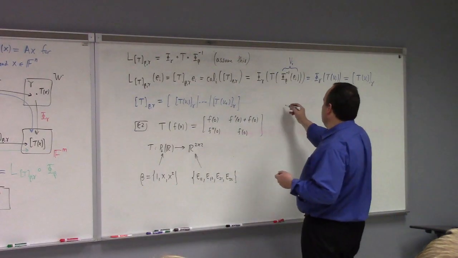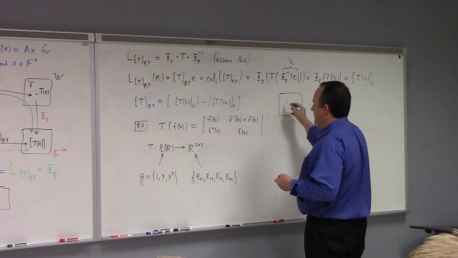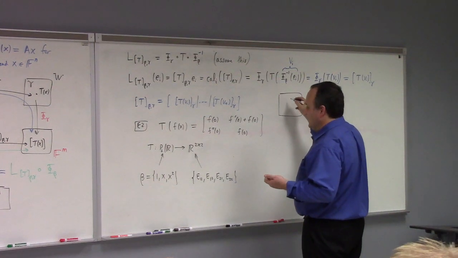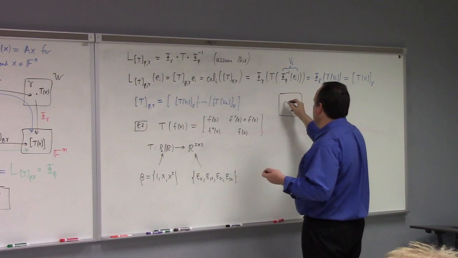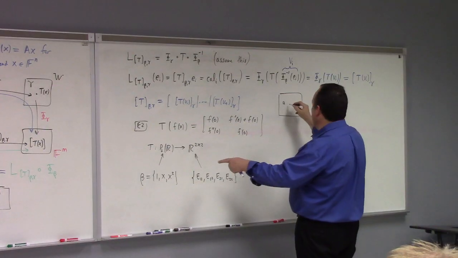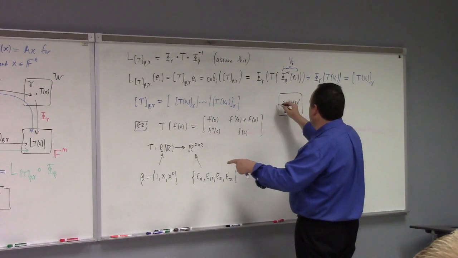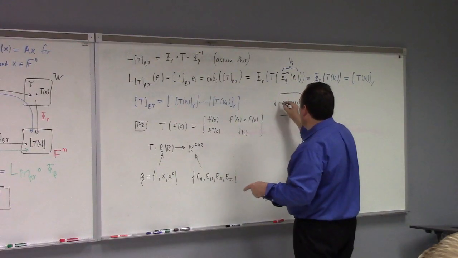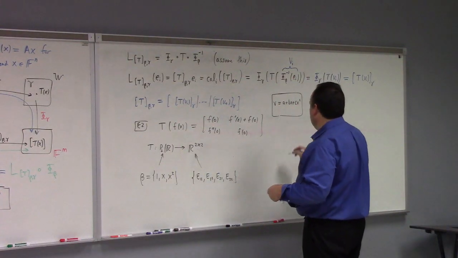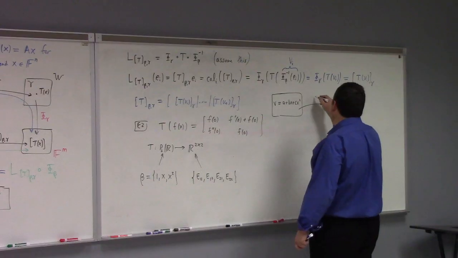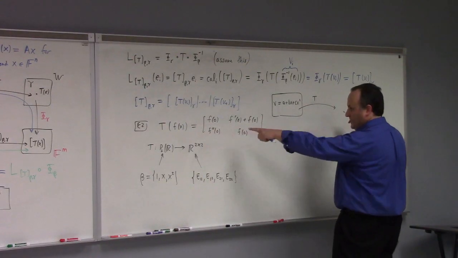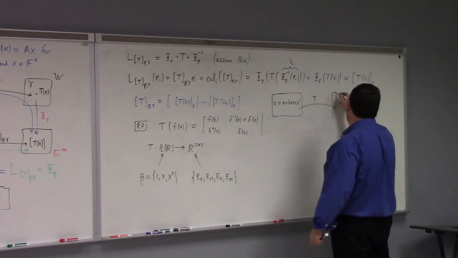All right, so here's what I do, guys. I start out with my arbitrary element, which would be most naturally a plus bx plus cx squared. Do you see why I do that? And I'm going to call that v because it's nice to call it v. Then I map this under my given transformation over here to T of v.